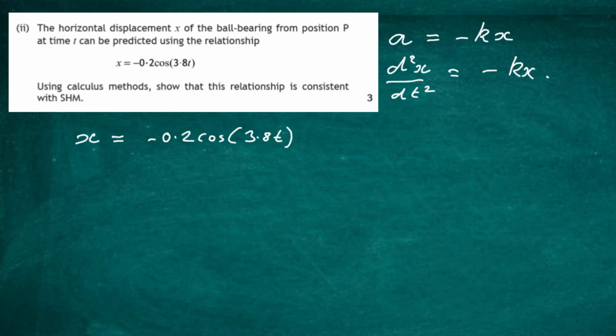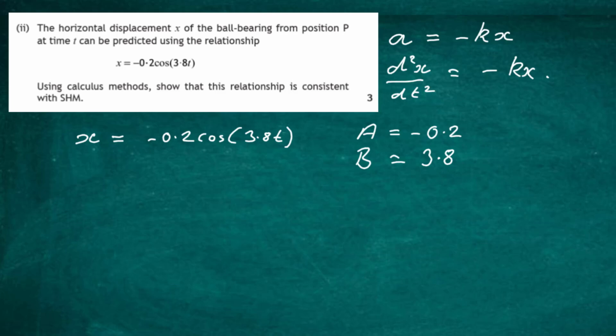Now, to find the derivative of that is going to be quite nasty, because we're going to be dealing with negative signs. So to make it easy for ourselves, we're going to let a constant a equal minus 0.2, and another constant b equal 3.8. I just made up these constants.